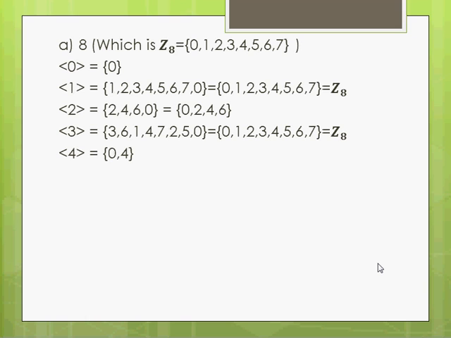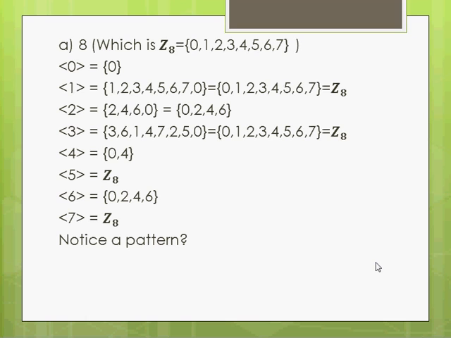4 is just 0 and 4. That's obviously not Z8. 5, I'll let you check it yourself, but I'll just tell you right now, it works. And 6 turns out to be 0, 2, 4, and 6 when you put them in order. 7 is Z8. Do you notice a pattern in the elements that generate Z8 and the ones that don't? 1, 3, 5, and 7 do, but 0, 2, 4, and 6 don't.